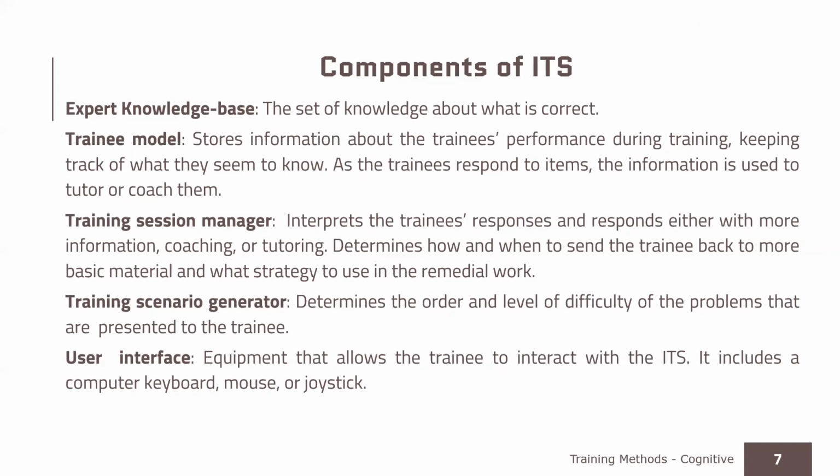Then there is a training model, which stores information about trainees' performance during the training and keeps track of what's happening with the training. It is more or less equivalent to a physical tutor keeping an eye on the trainee and providing the way forward based on how he or she is able to progress.